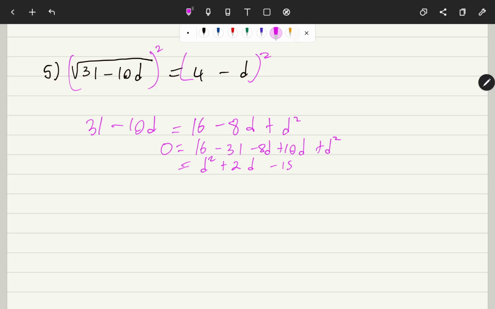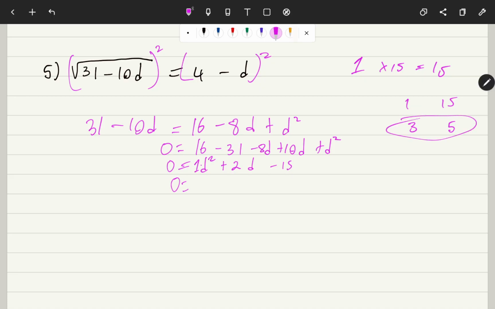Cool. So here let's do that same method we were doing. Here you have 1, so 1 multiplied by 15 is what? Is 15. Factors of 15 are 1 and 15, there's no 2, there's 3 and 5. I think that's just it. And now which pair gives us the middle number, whether we add or subtract?